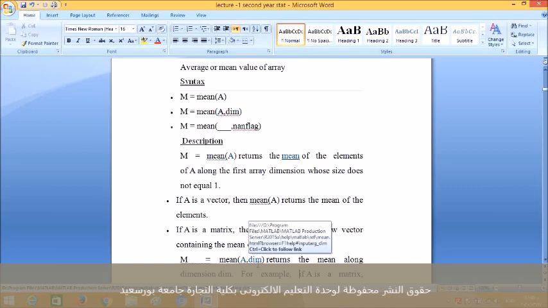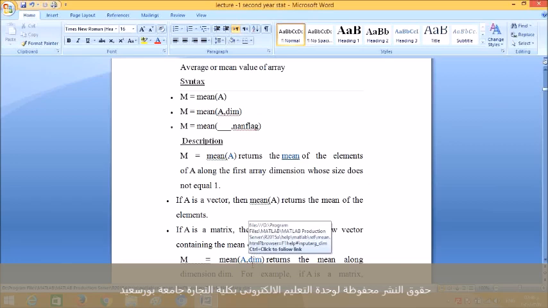Equal to 2 means compute the means of the rows of the matrix. Okay? So if you want the mean of columns, you can write mean of A without any dimension, or you can write A with dimension 1. But if you want to compute the mean for rows, you have to use dim equal to 2.